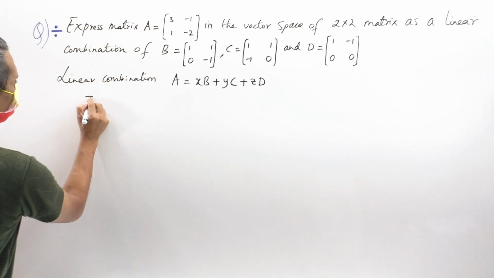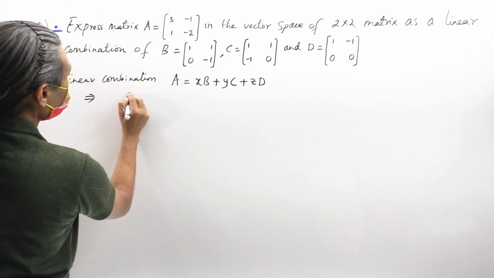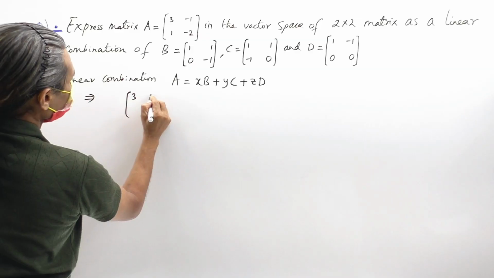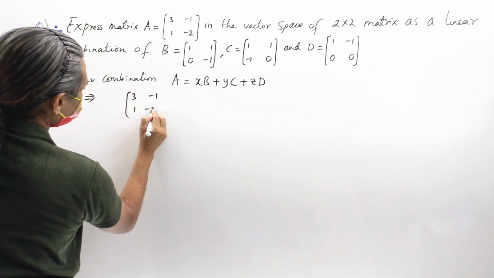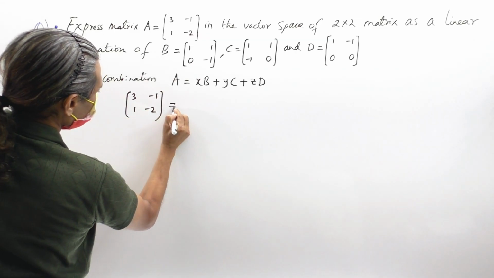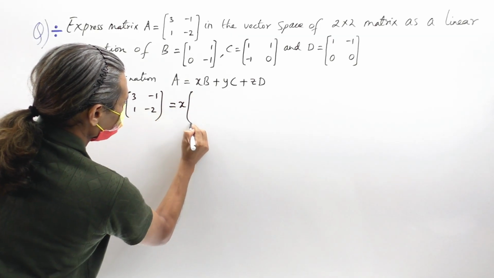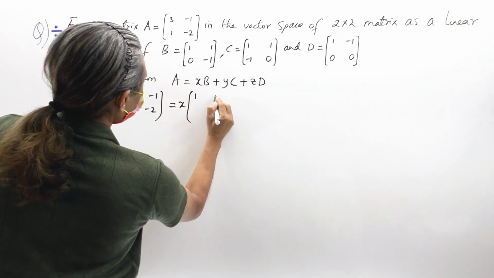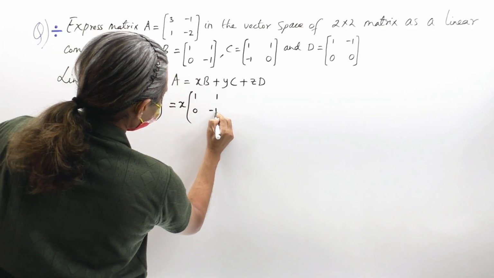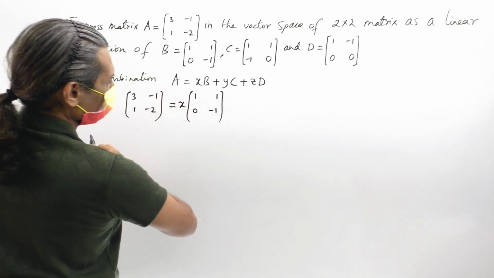That implies we have, what is A? A is [[3, -1], [1, -2]] equals x into, what's B? [[1, 1], [0, -1]].